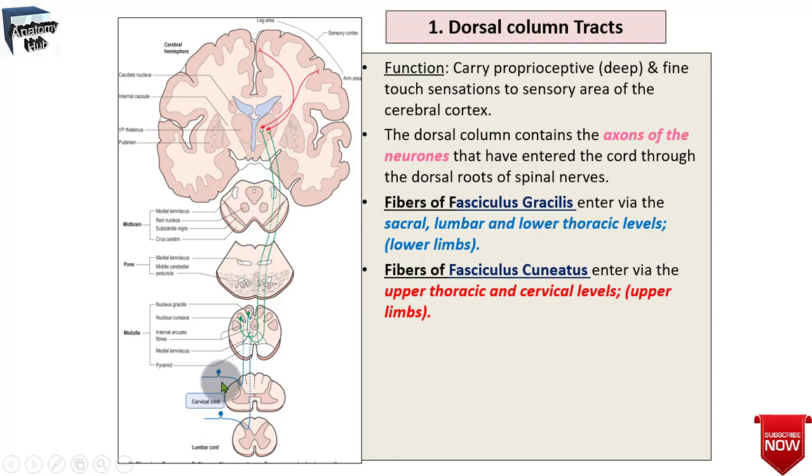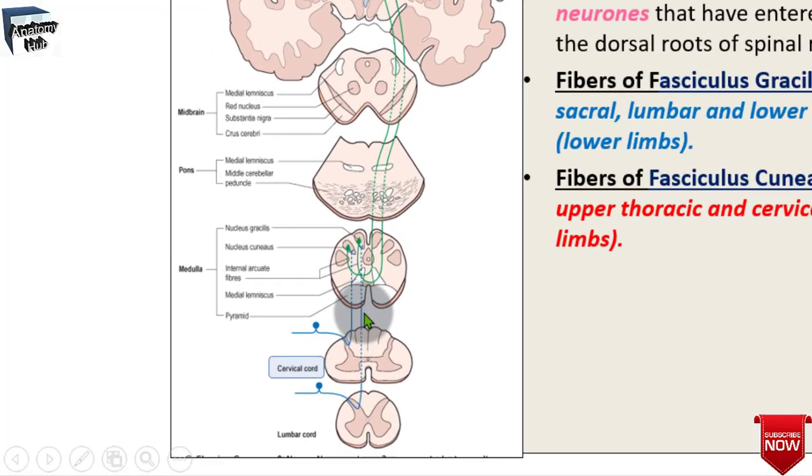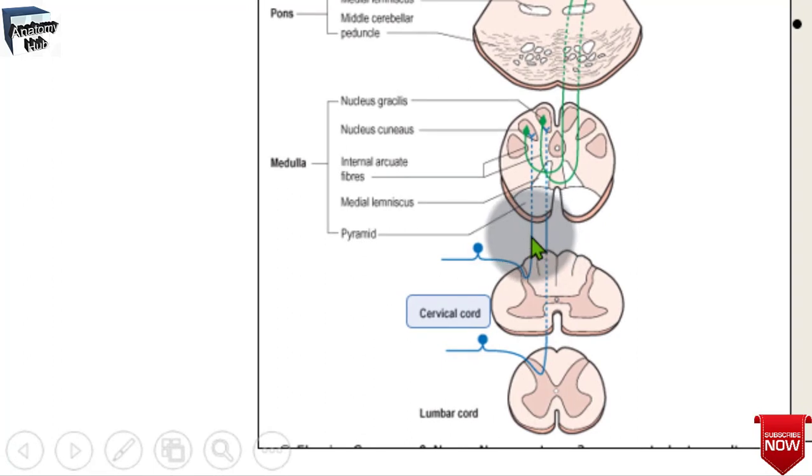Then you can see over here the fasciculus cuneatus. The fasciculus cuneatus that you can observe here is lateral to the fasciculus gracilis, and it starts at the mid thoracic level.